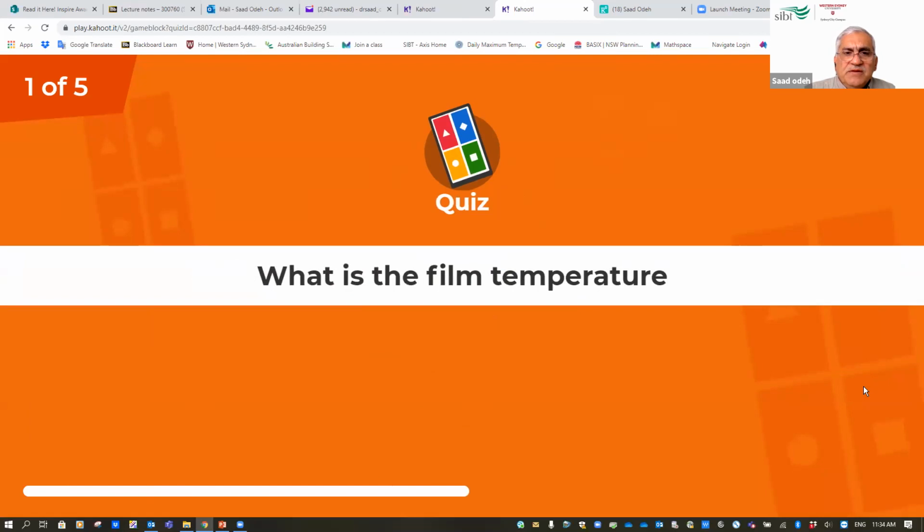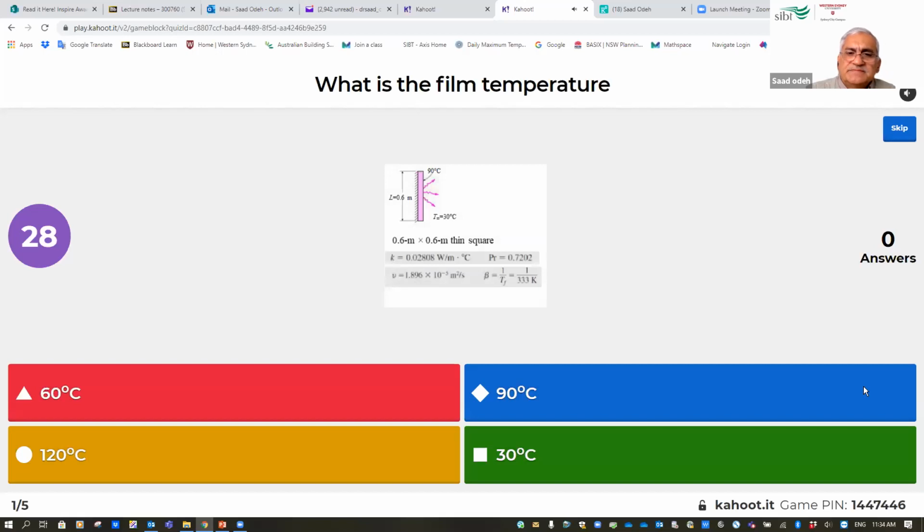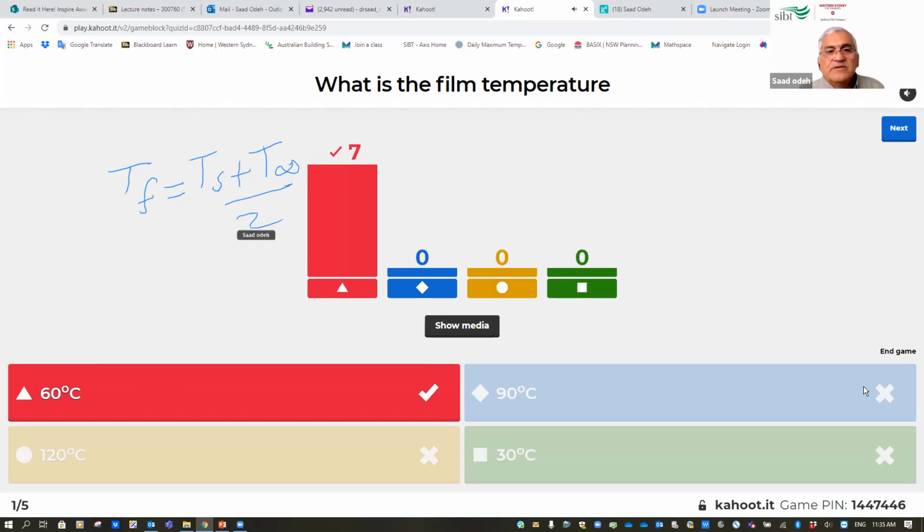So now we need to find T film. What's the film temperature? Remember, film temperature is surface temperature plus fluid temperature divided by 2. Correct, everyone did it correctly. Thank you, that's good.